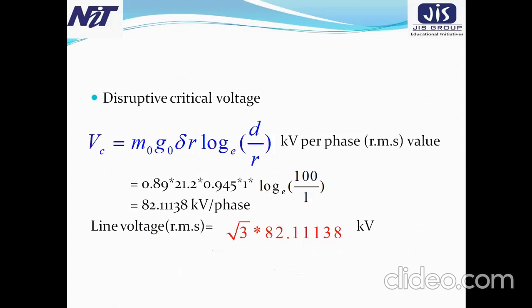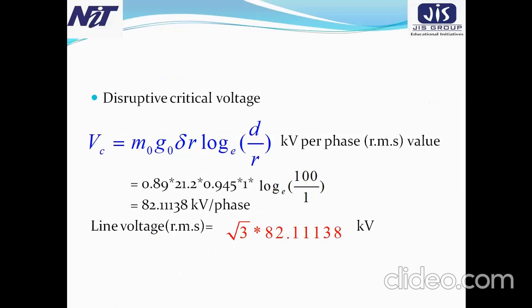So what is Vc? m0 g0 delta r log d by r kV per phase, RMS value. Now put in all the values: m0 is 0.89, g0 equals 21.2, delta 0.945, r is 1, log of 100, d equals 100 centimeter divided by 1.